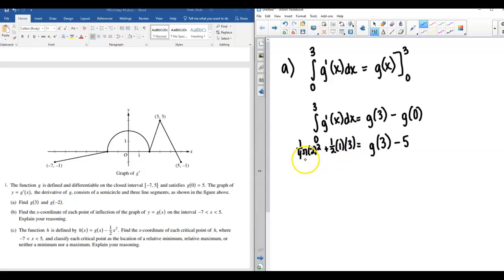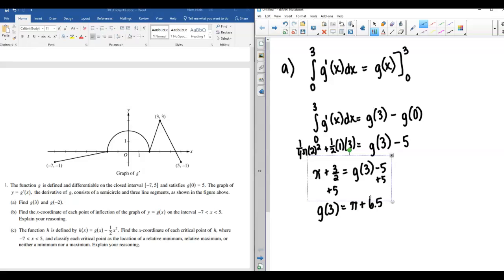This is just going to give me pi plus 3/2 equals g of 3 minus 5. So I could add 5 to the other side. So g of 3 is going to equal pi plus, 3/2 is 1.5, so 6.5. And that would be my value for g of 3.